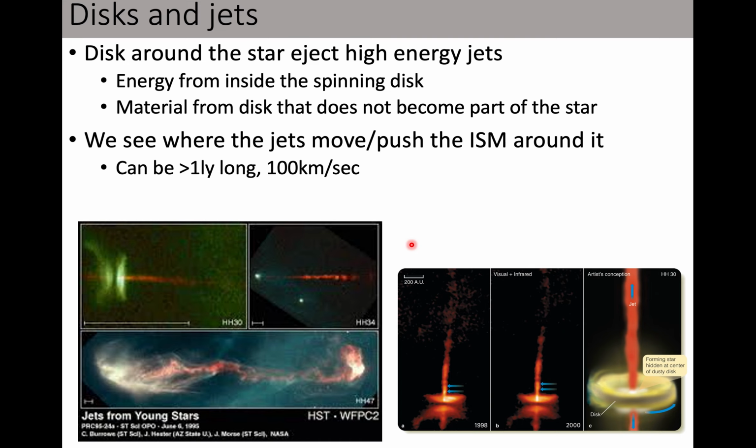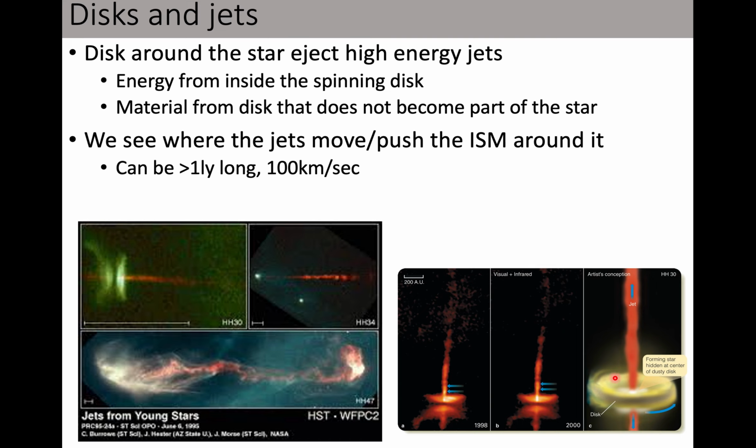So what we can see is these jets, as we call them. They're actually moving and pushing the leftover ISM material around the star and around the disk. So we can see these sometimes incredibly long and very fast jets of energy out of the center of a protostar or a young star.